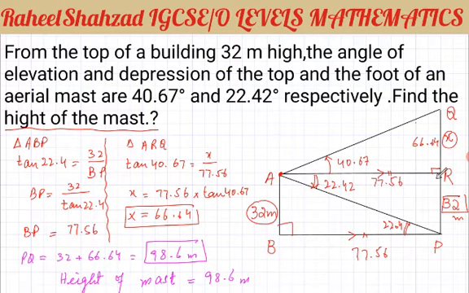If this is 77.56, now in this ARQ triangle we can apply tan 40 equals x divided by 77.6, opposite over adjacent, and x would be equal to RQ, 66.64. At the end we are looking for the height of the mast. So total height would be 32 plus 66.64, that is 98.6 meter. So height of the mast would be 98.6.